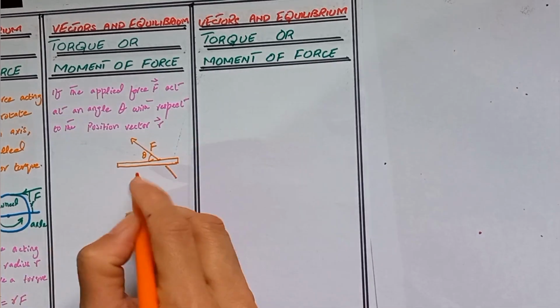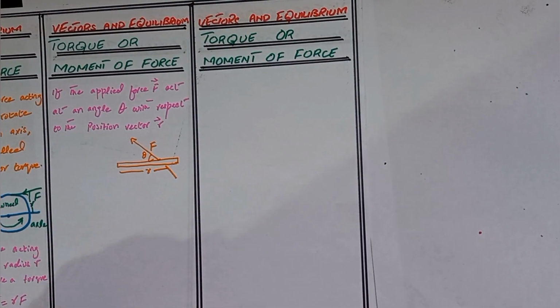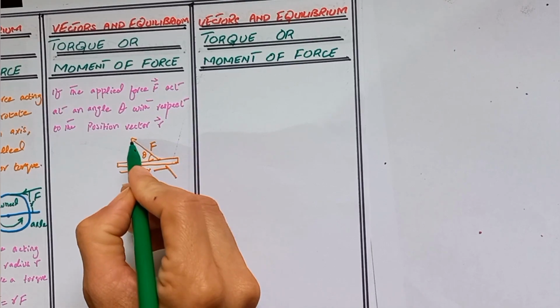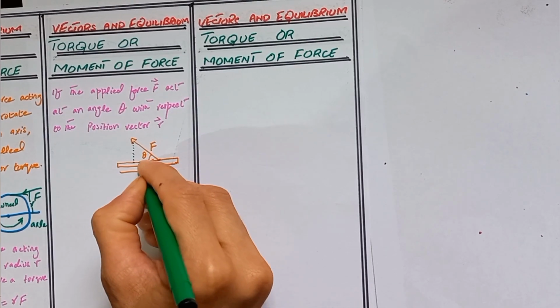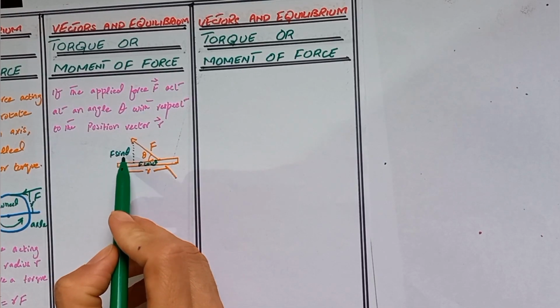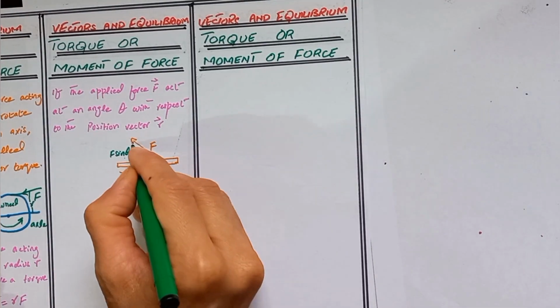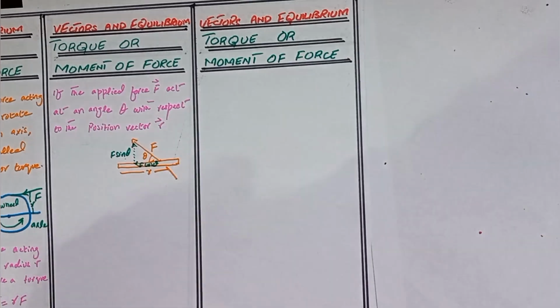This is the force F and this is the position vector r. Now the force F is not perpendicular to the position vector r. We resolve the force F into two components, F cos theta and F sin theta. The component F sin theta is responsible to rotate the rod.